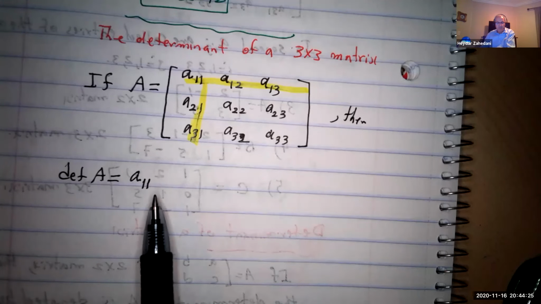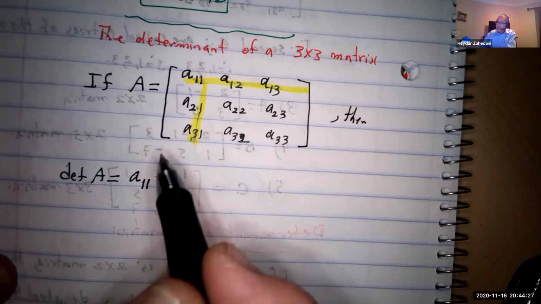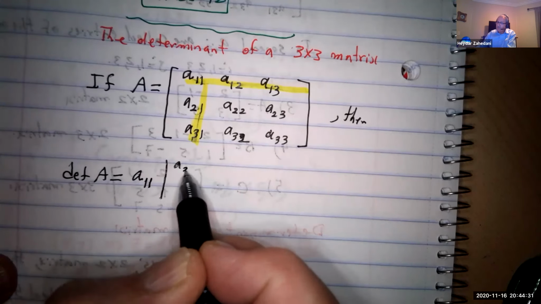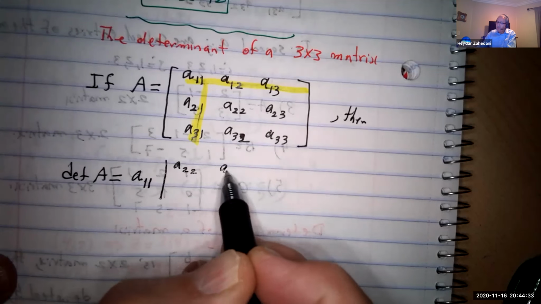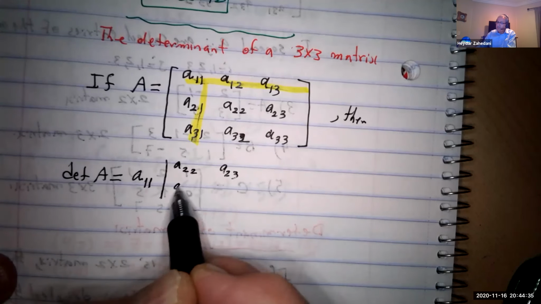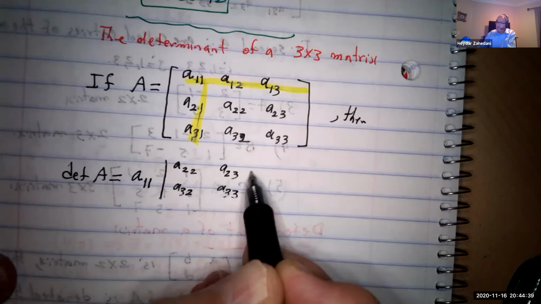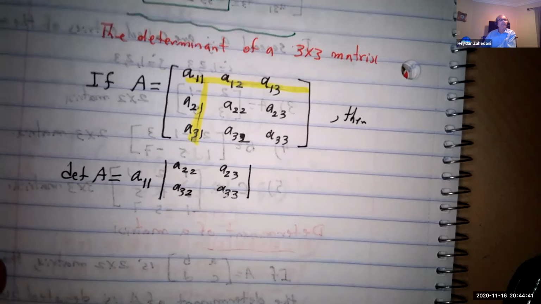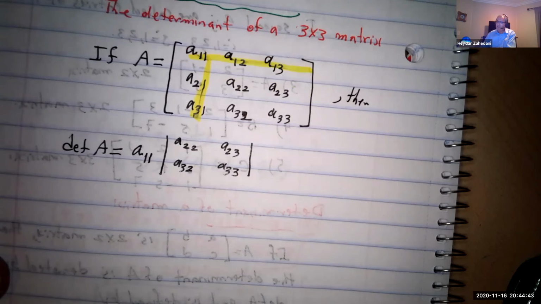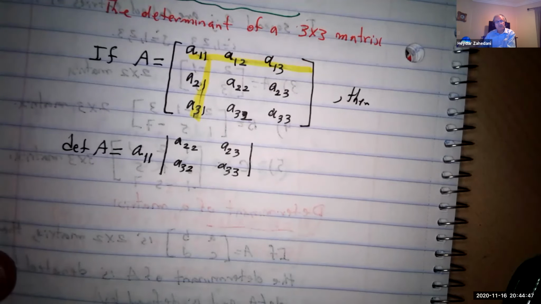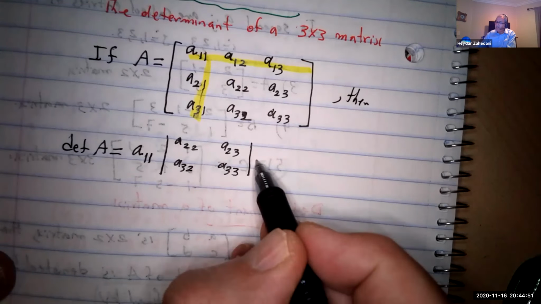So this is going to be A11 times the determinant of this matrix, A22, A23, A32, A33. You see, that's going to be the one.